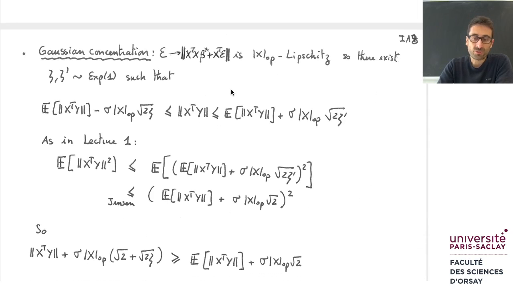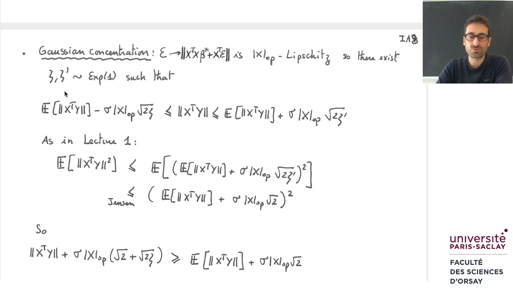If we look at x transpose y, so y is x beta star plus epsilon, so it is equal to this quantity, right? And this map is Lipschitz with a Lipschitz coefficient, which is the operator norm of x. So we can use Gaussian concentration inequalities in order to get stochastic control of the norm of x transpose y.